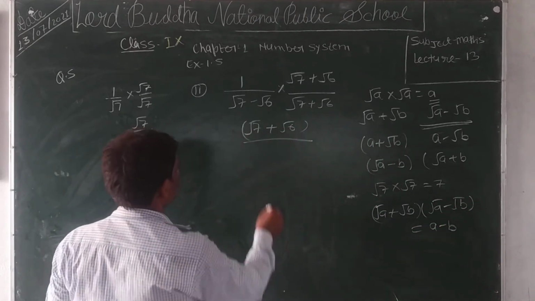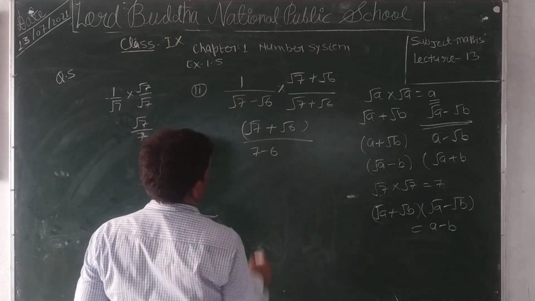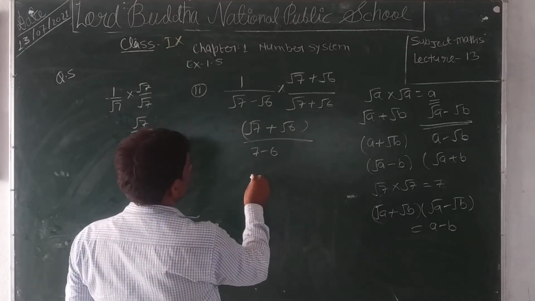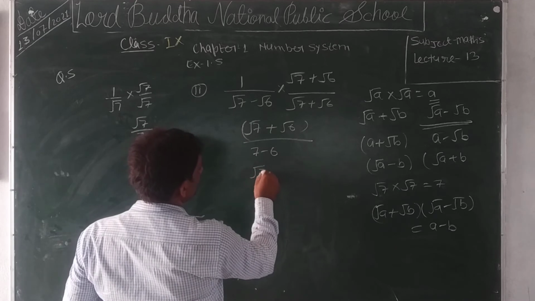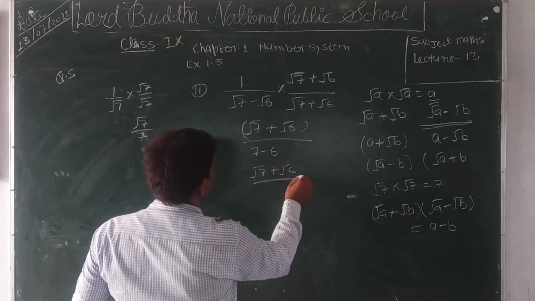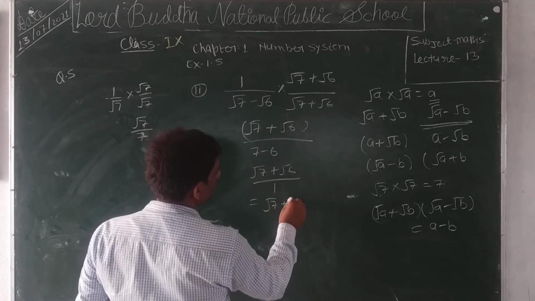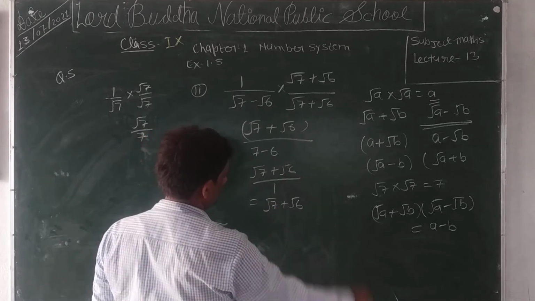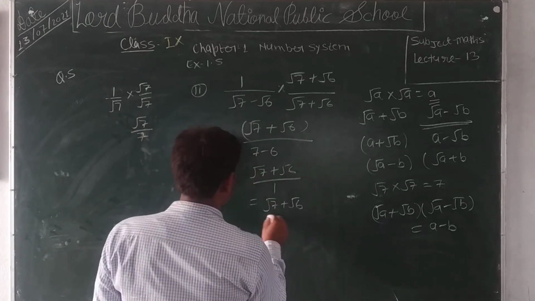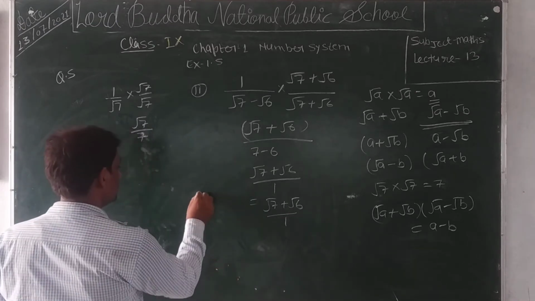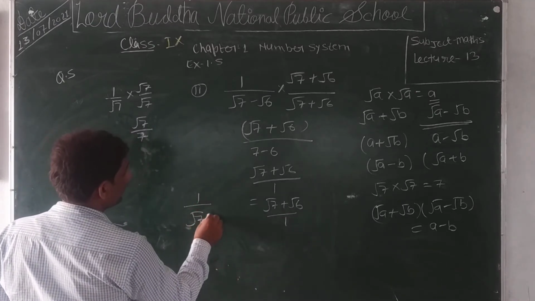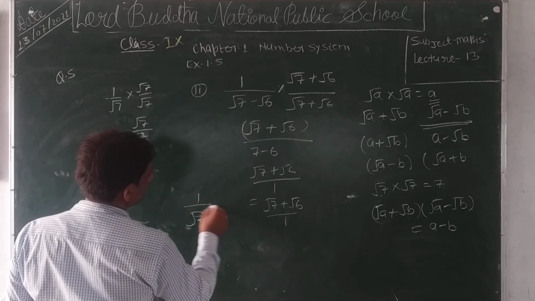Hence, here we write 7 minus 6. Clear? So 7 minus 6 is 1. Root 7 plus root 6 upon 1 means root 7 plus root 6. Clear? This will be our answer for 1 upon root 7 minus root 6.